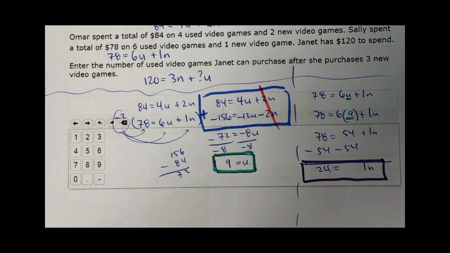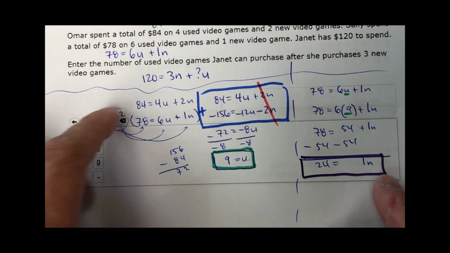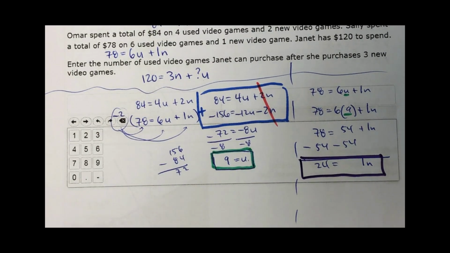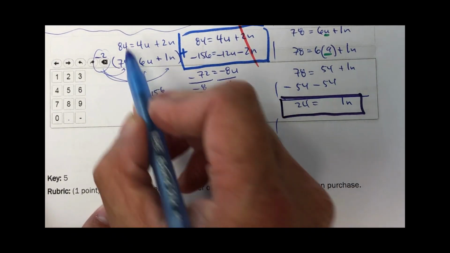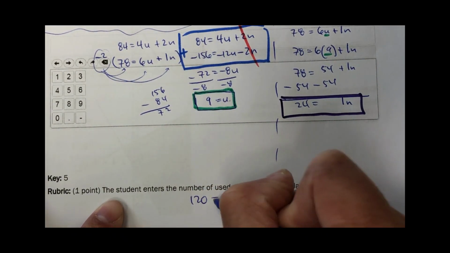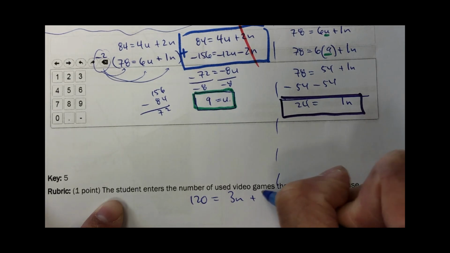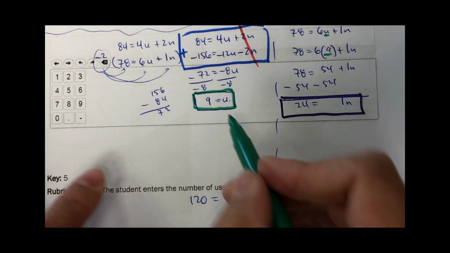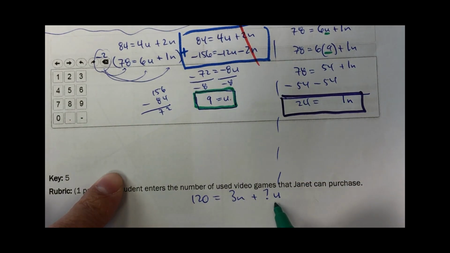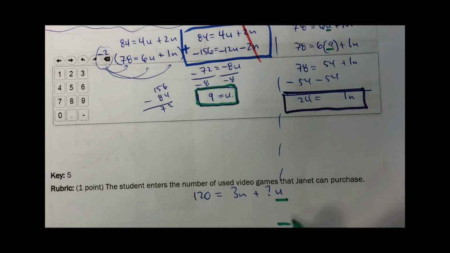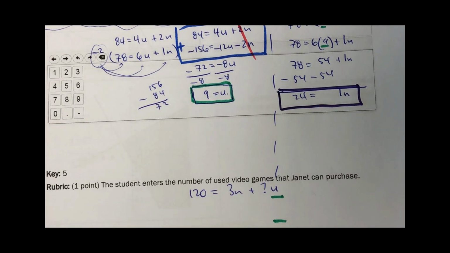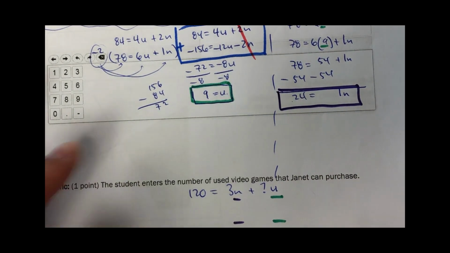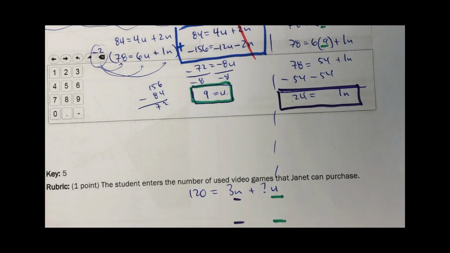Okay, so now we can go back to Janet's. Let's go to Janet's. 120, 3N plus not sure how much used games she can buy. So if a used game costs 9, I'm going to put a 9 here. And an N value gets 24.